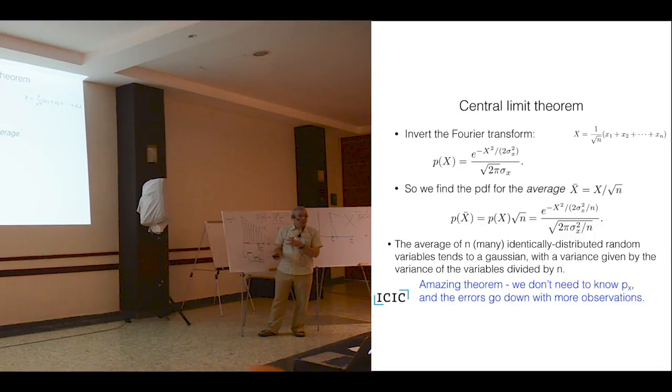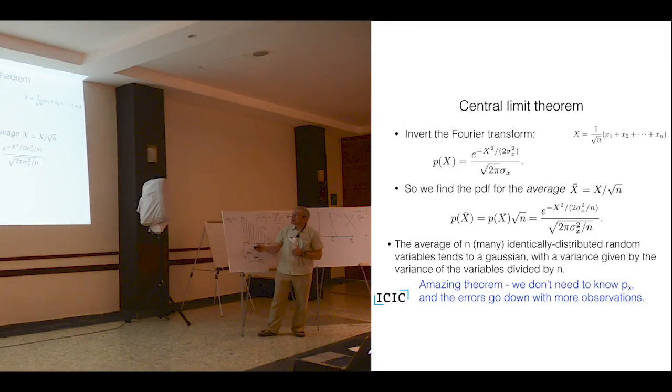So now, by change of variable, we can work out the probability distribution for the average. So X bar, the average, is X over root n, so this becomes 1 over n. And again, just by the rules of probability, P of X bar dx bar is P of X dx. So in translating from one to the other, the only difference is a factor of root n.